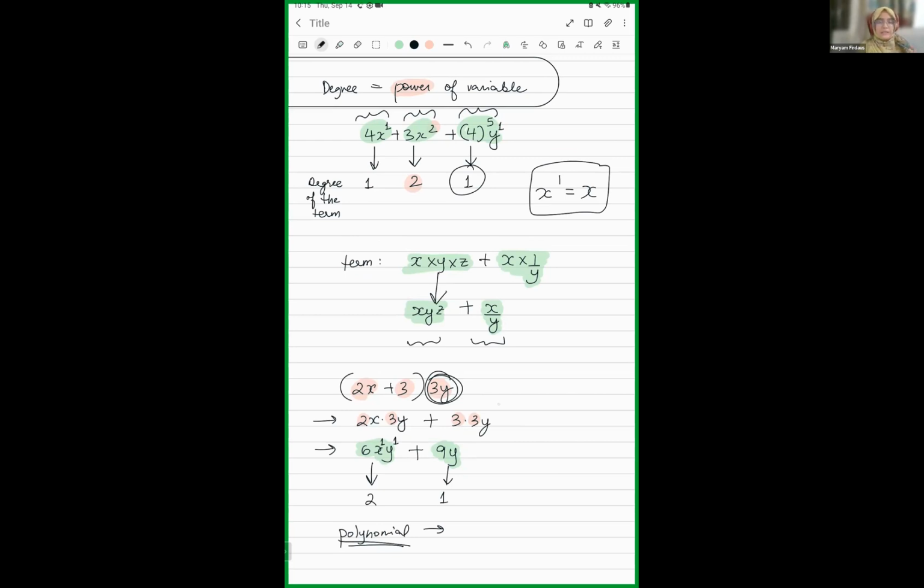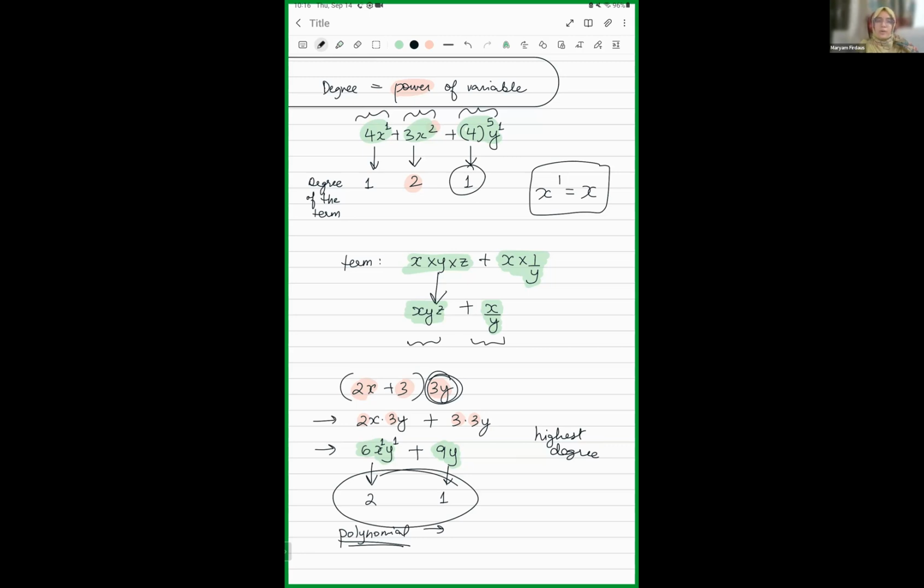So the degree of this expression, this entire thing, is the highest degree. Over here, what is the highest degree? One term's degree is 2, the other term's degree is 1.